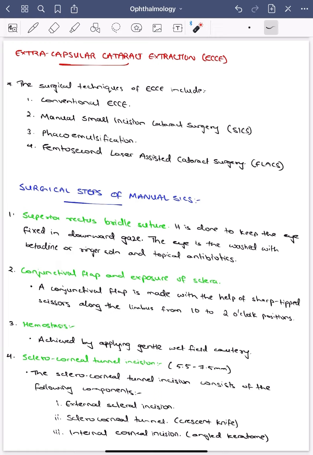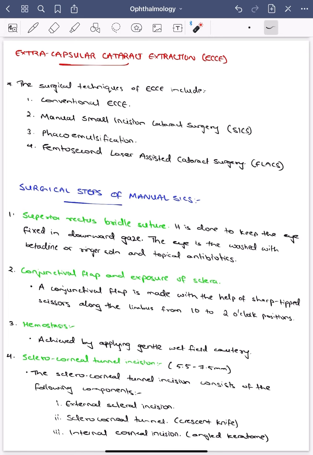Now, of these, SICS and phacoemulsification are the most commonly asked questions.